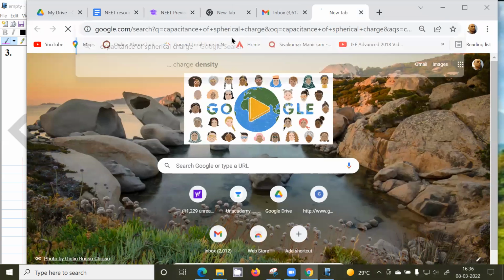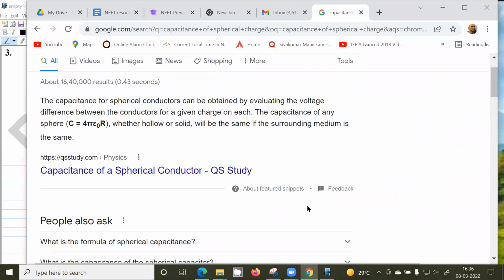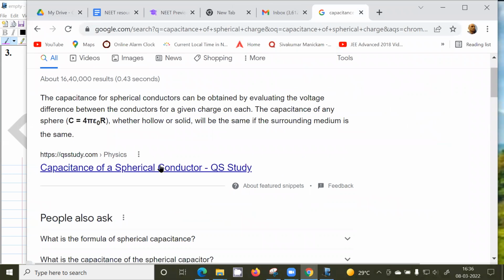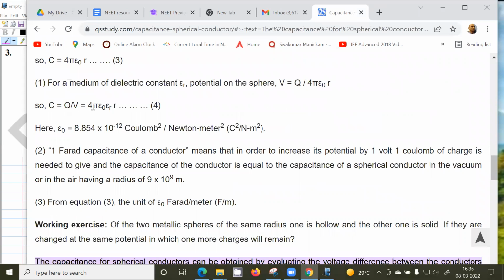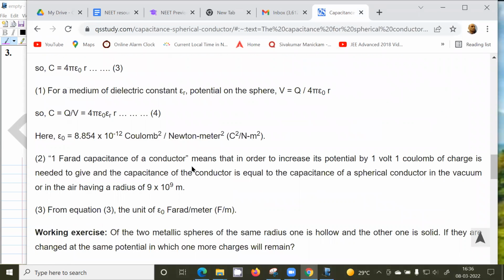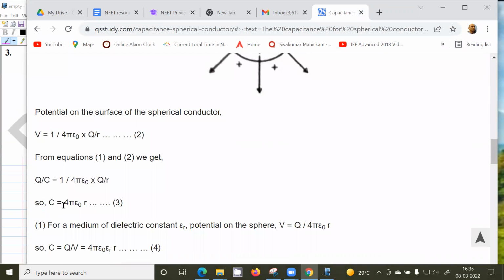Yeah, it is 4 pi epsilon naught r only. What I said is correct. This one, just a spherical conductor.